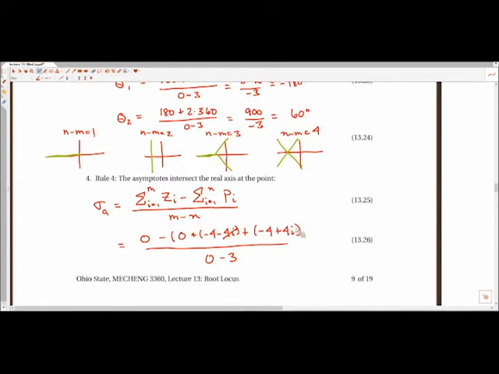This asymptote will always be on the real axis. That's because if we have poles or zeros, they're always going to have a complex conjugate. Imaginary parts are always going to cancel out. And so what I have remaining is -4, and a -4 gives you -8, negative sign out front, positive 8 over -3, and so that means our asymptote is at -8/3 in this particular example.